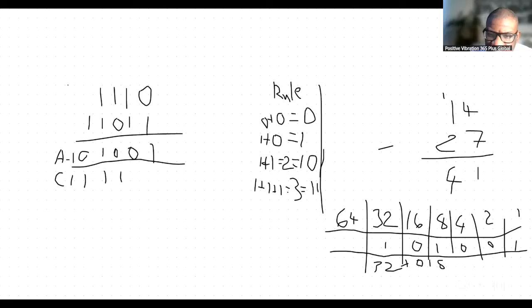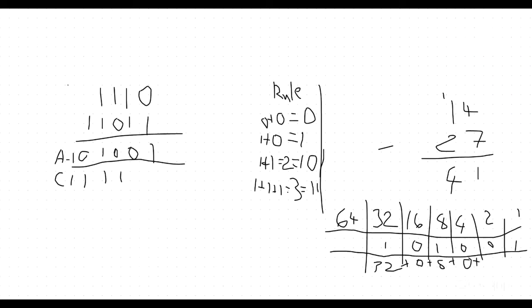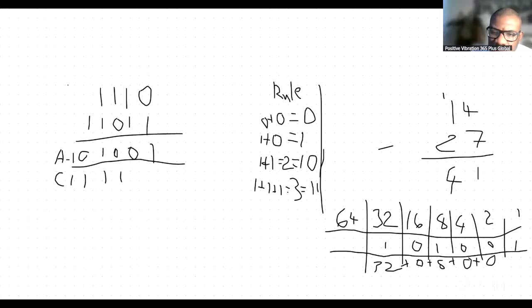All right, what would be the next value here? 0. Very good. What about here? 0. Nice. And what about this one? 1. Very good.